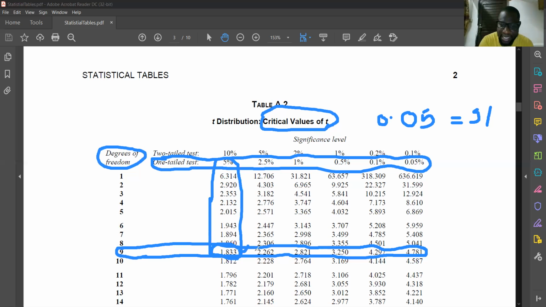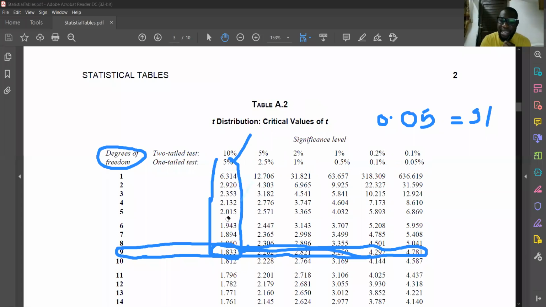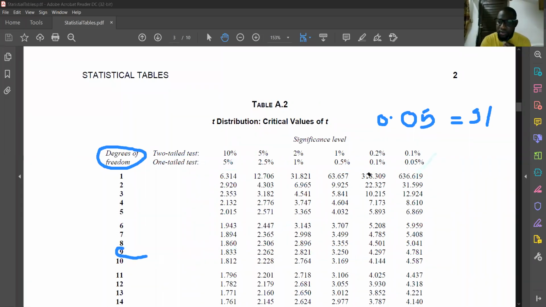The only value we can select is 1.833 because it falls under the 5% level of significance. So that is how you read your critical value. Right now we know that we are supposed to select 1.833 as our critical value. Okay.